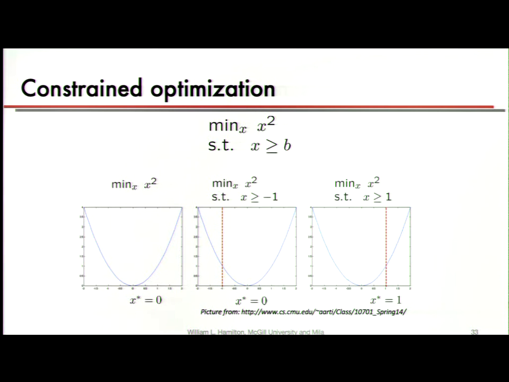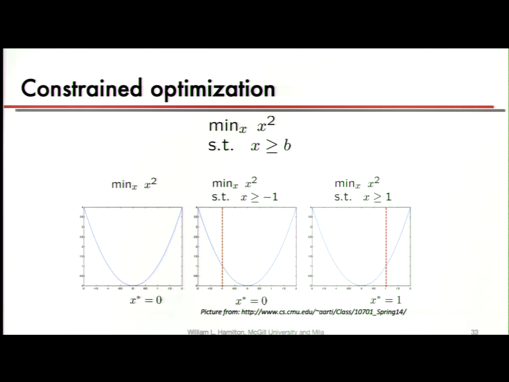So here is a very trivial example, but it's worthwhile to look at. Suppose that we were trying to minimize the square of x. Now if we were unconstrained, obviously the minimum of this is just going to be where x equals 0. But if we add constraints saying that, say, x has to be greater than or equal to -1, well then we end up with there being two possible things we can do.